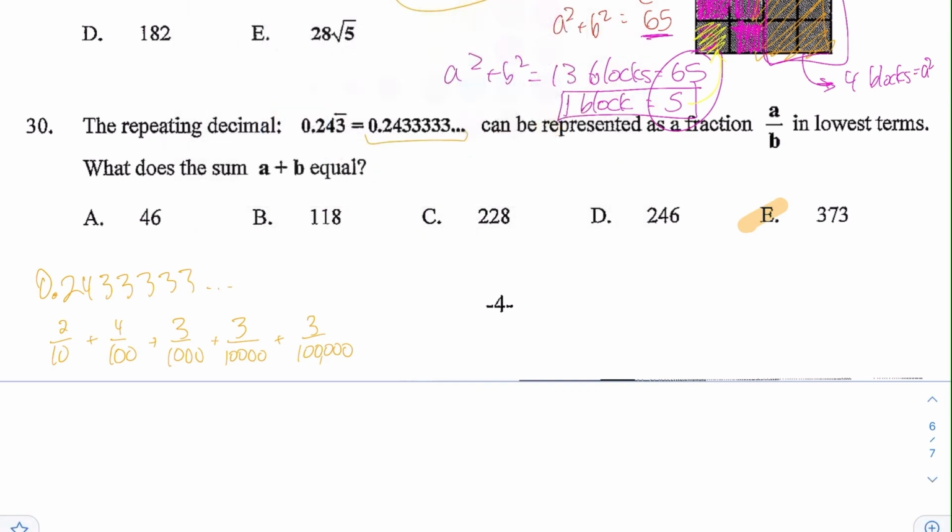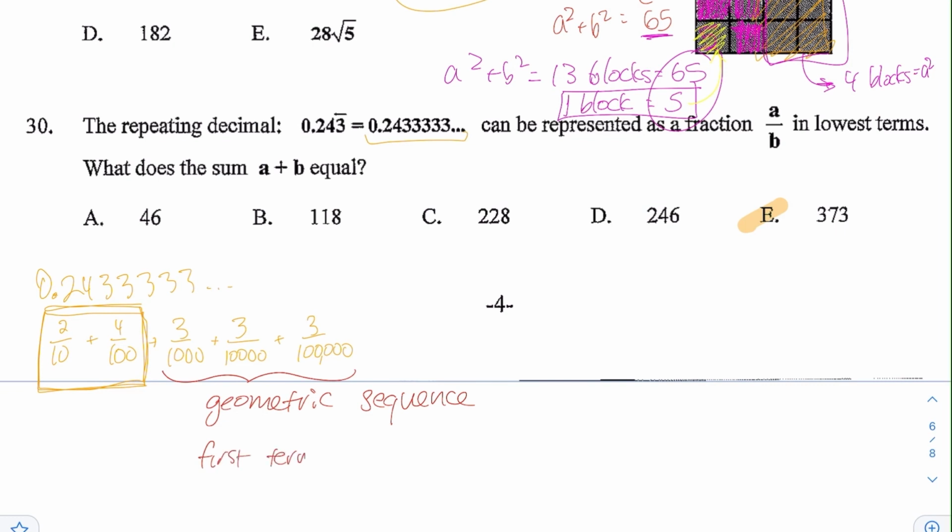So the first two parts, these two numbers, they're kind of set in stone. But every number after that would actually be a repeating pattern called a geometric sequence. In this geometric sequence, the first term is 3 over 1,000.